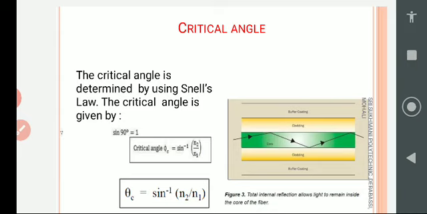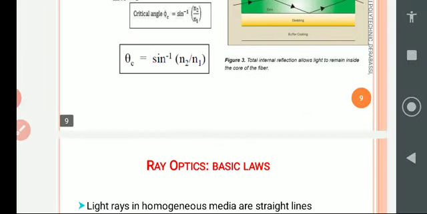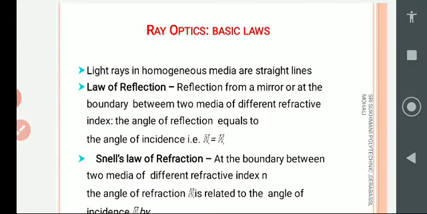How the critical angle will decide will be shown in the coming slides.